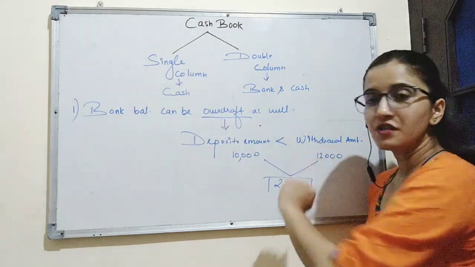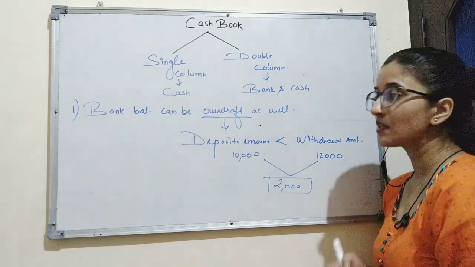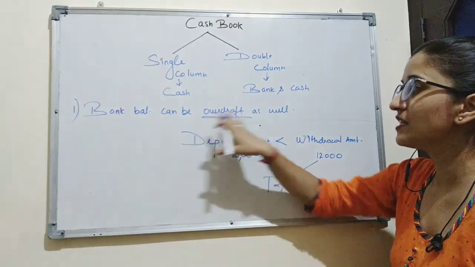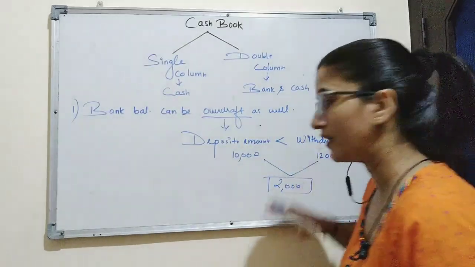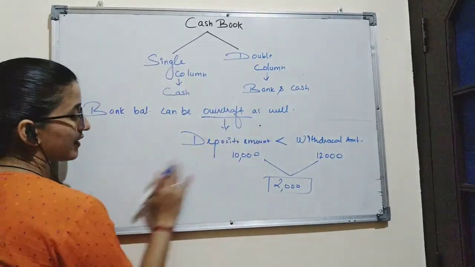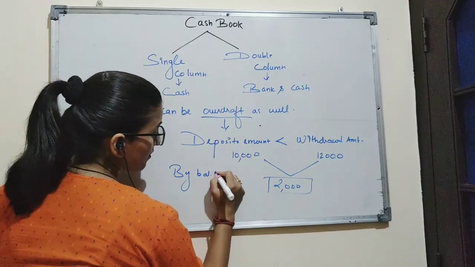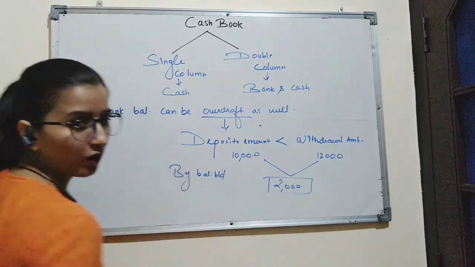So bank overdraft is a liability. Liability means the company will have to pay this amount, so it will be considered as payment. That is why we will record it on the credit side. We will record it on the credit side as by balance brought down, and the amount will be recorded in the bank column.